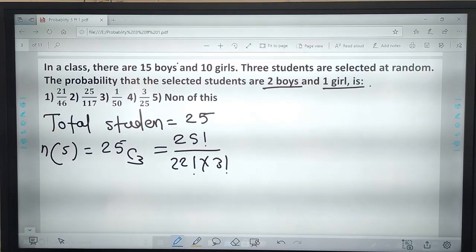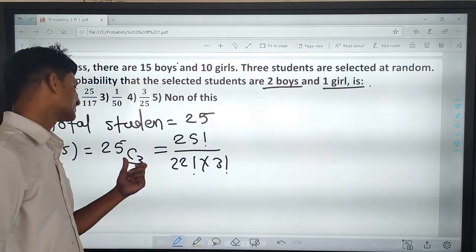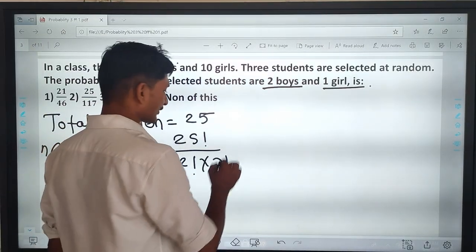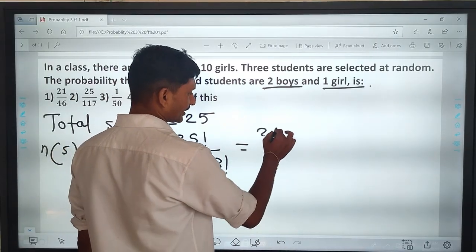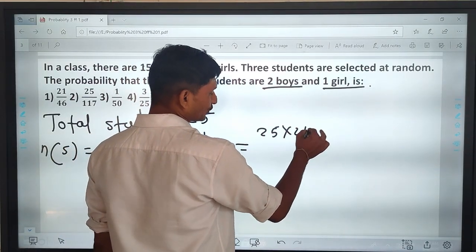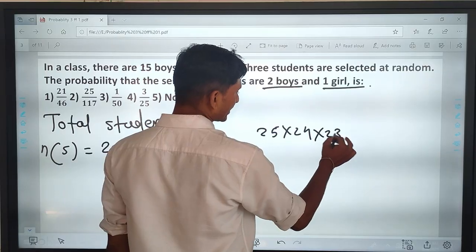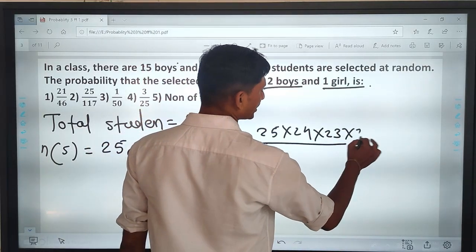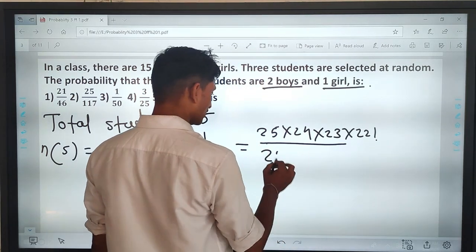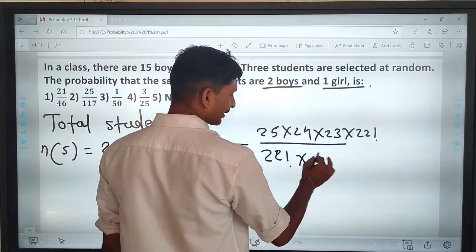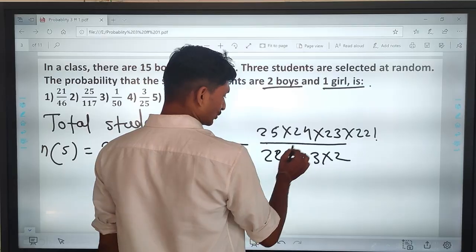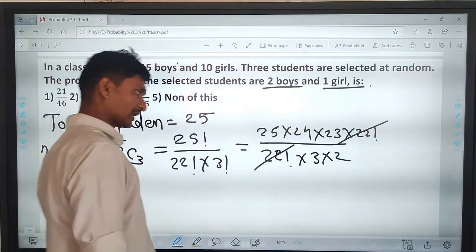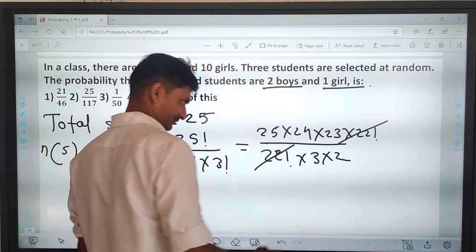This is written as 25 into 24 into 23 into 22 factorial divided by 22 factorial into 3 factorial, means 3 into 2. 22 factorial gets cancelled.